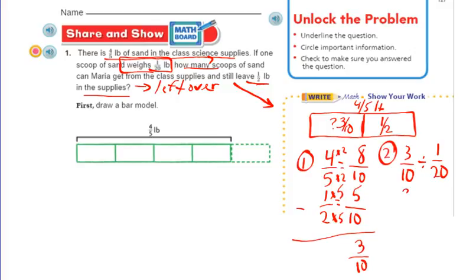Skip, change, flip tells me I'm going to multiply by the inverse of 20/1. I'm going to reduce here and here, and I get an answer of, again, 2 times 3, which is 6/1. So the final answer here for number 1 is 6 scoops.